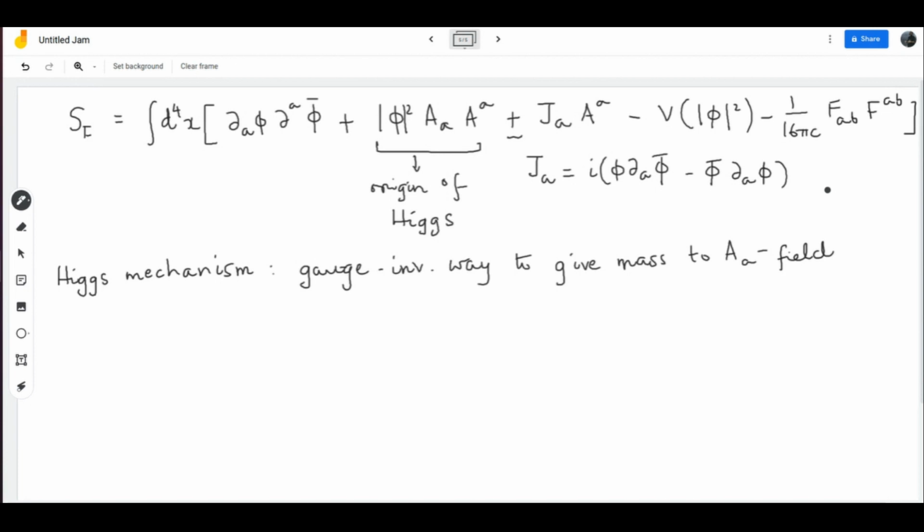So what we do in the Higgs mechanism is we now know that there exists this gauge invariant way to give mass to a vector boson, vector field. This mechanism is the great discovery of Peter Higgs. All right, so that's what I wanted to show you. But as far as our question is concerned, it is answered.